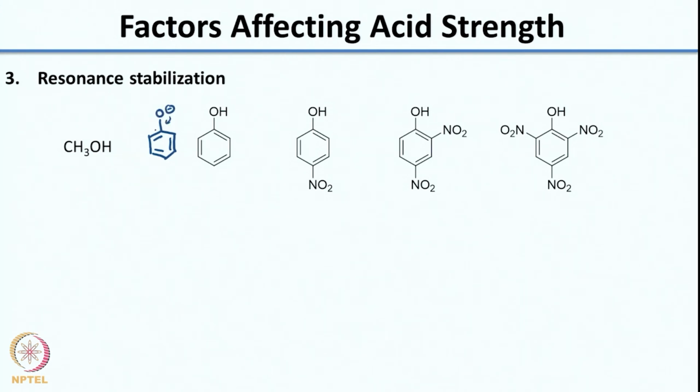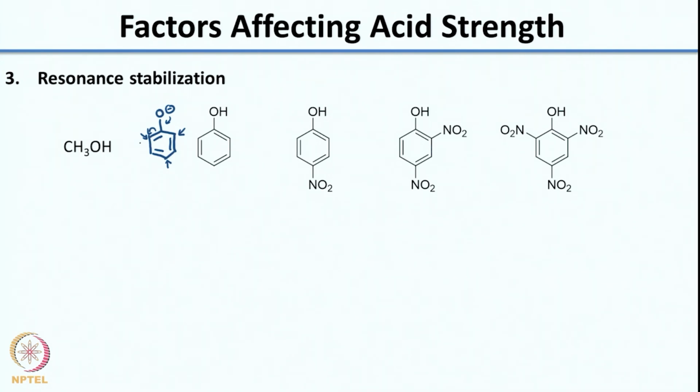You can write multiple resonance structures where the negative charge would be either at the oxygen or at the 2 position, the 4 position, or the 6 position. So you can have the negative charge delocalized, which is why it is stable.